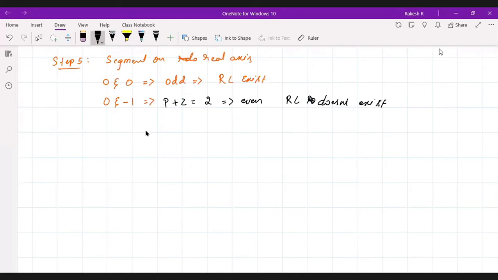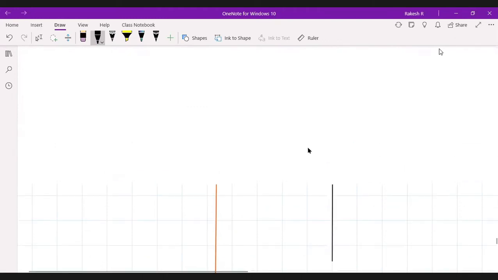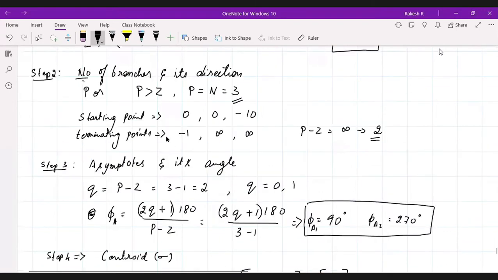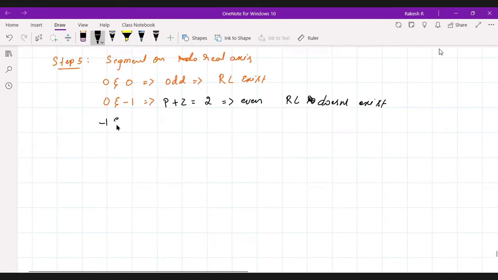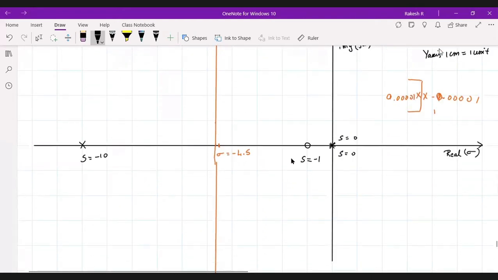Right. Next, coming in between minus 1 and minus 10. In between these two, we need to find out. Towards right of minus 10, we shall count.